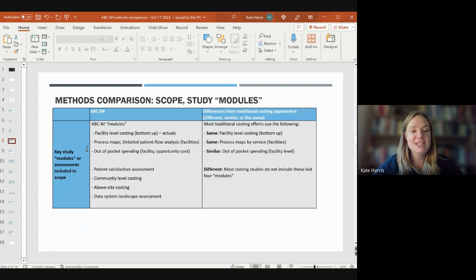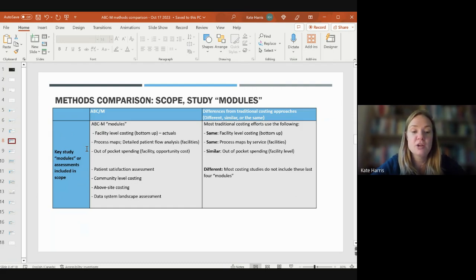You could think of activity-based costing in types of modules, or things to ask as you're looking at other costing studies, of what their scope is. So activity-based costing scope or modules includes this facility-level costing, this bottom-up, these actual costs, which often other costing studies do; the process map for detailed patient flow analysis and knowing how a patient moves through the system, what steps they go through, often included in other costing studies; and it also includes asking about out-of-pocket spending, transport costs, for example, also often included in other costing studies.